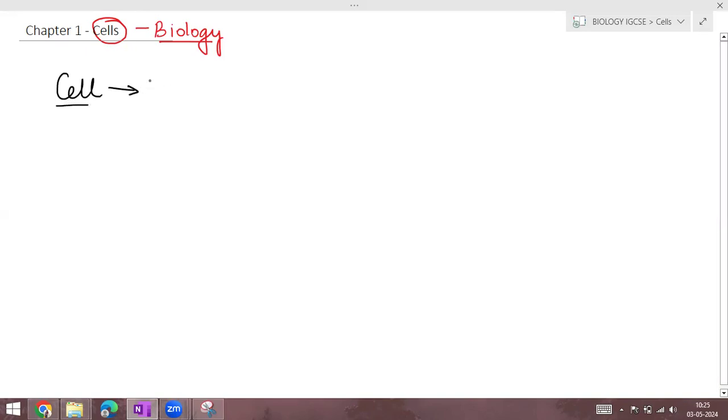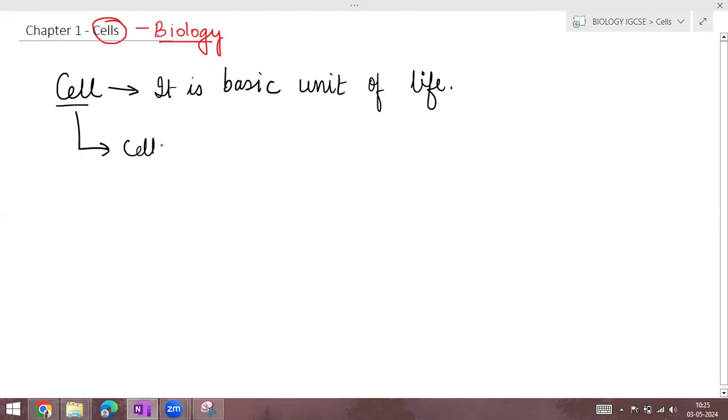And a cell is defined as the basic unit of life. I hope it makes sense. Basic unit of life. Now, all of these cells come together to form an organism.